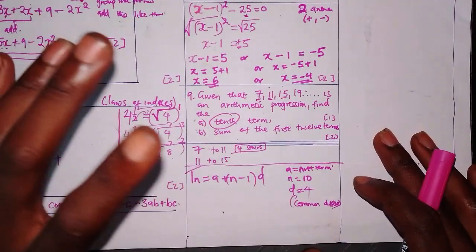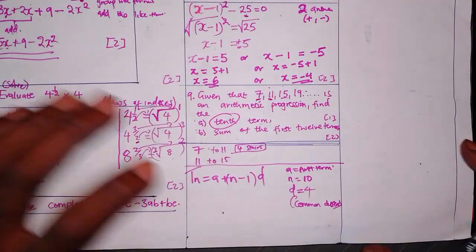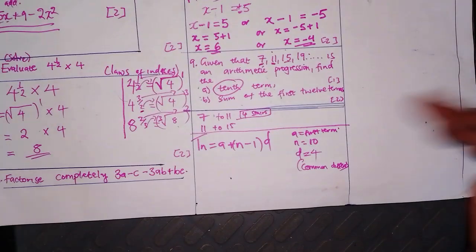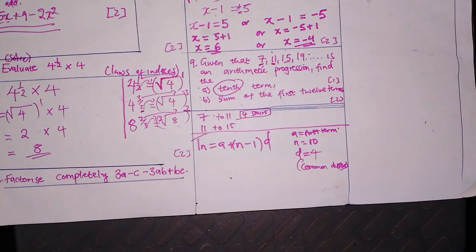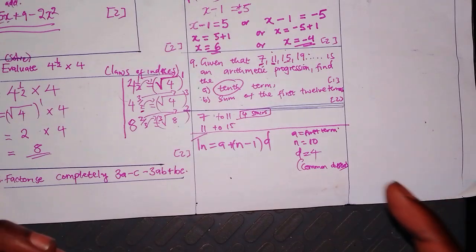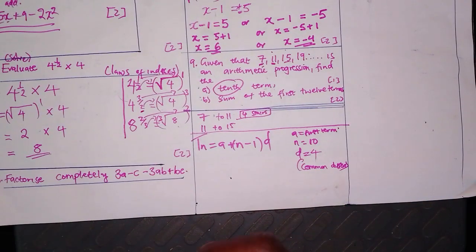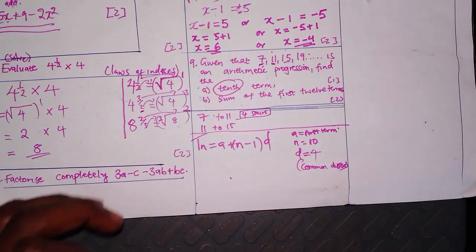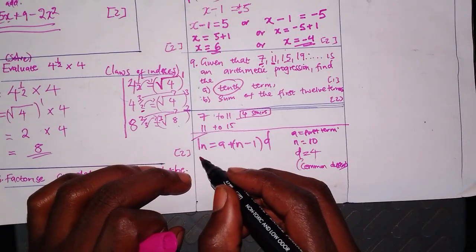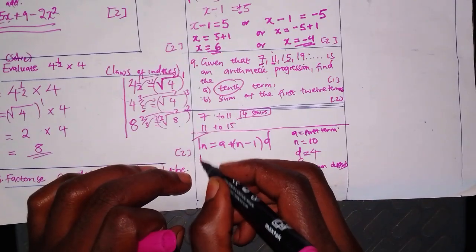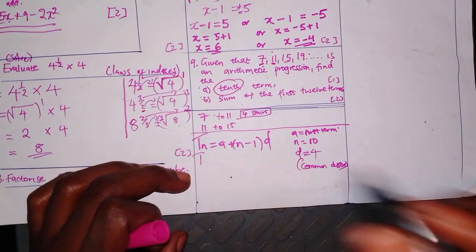So now that you have understood the meaning of the formula, we can move to solving the first part of the question, which is find the 10th term. So how can you find the 10th term? So you say t, so remember I told you n represents the term we are calculating.